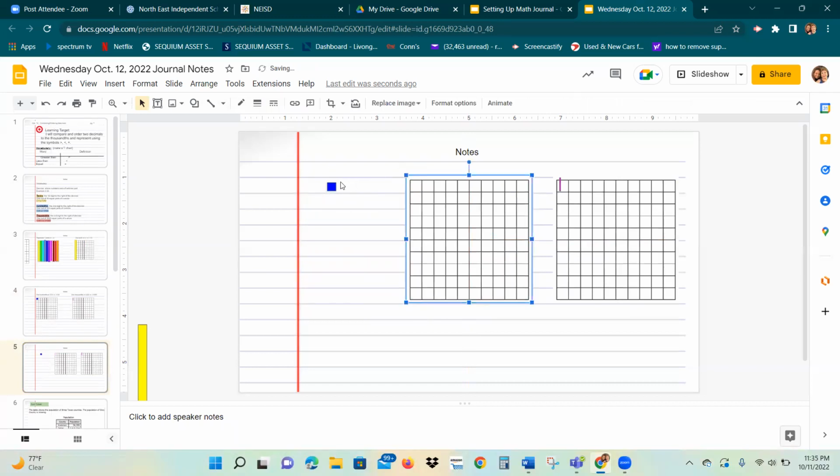Or the new word that they're using is numerical, which means number. That's in the standard form.